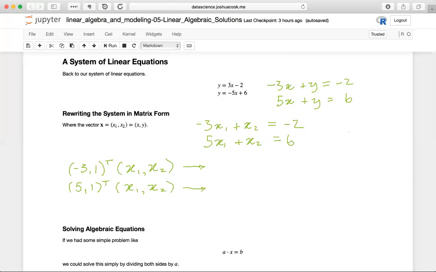So this is now going to become negative 3, 1 as a row vector times x1, x2 as a column vector, and 5, 1 as a row vector times x1, x2 as a column vector. And then the first is equal to negative 2, and the second is equal to 6.